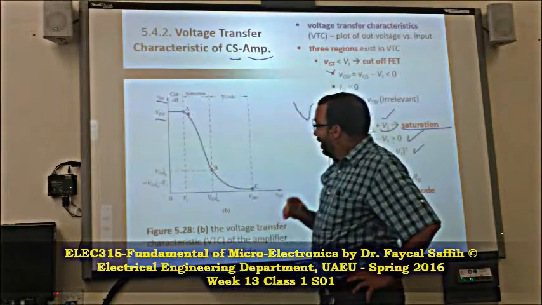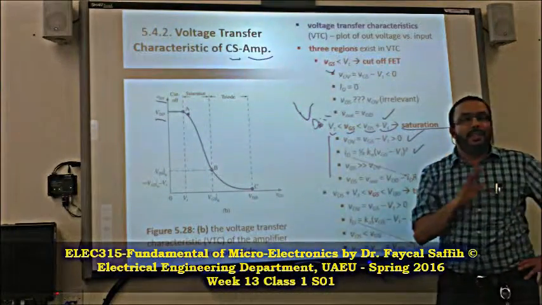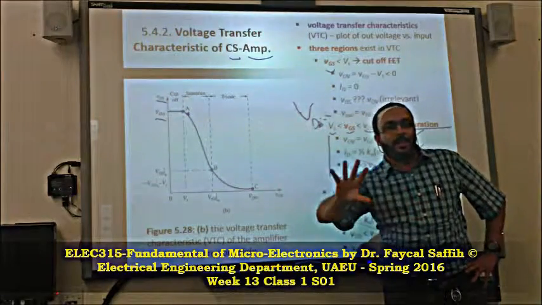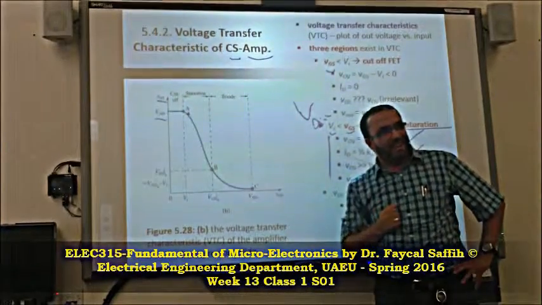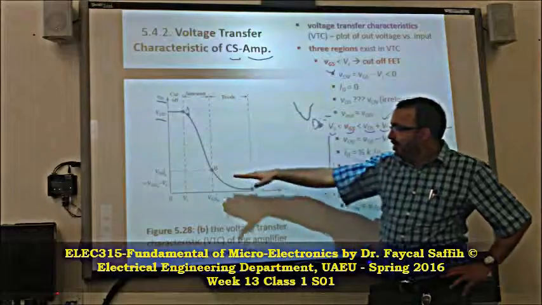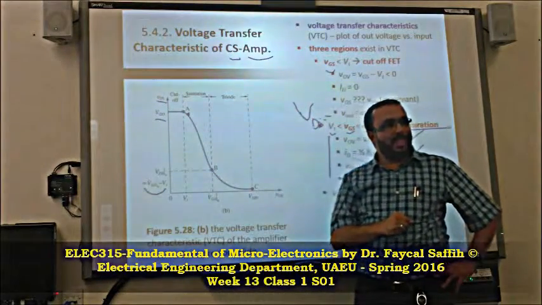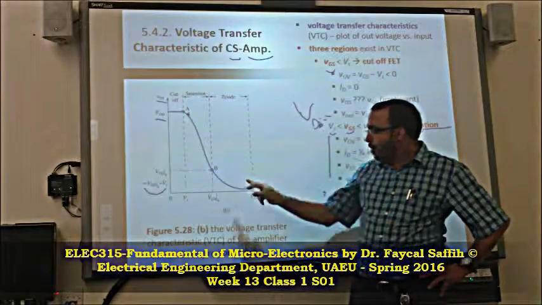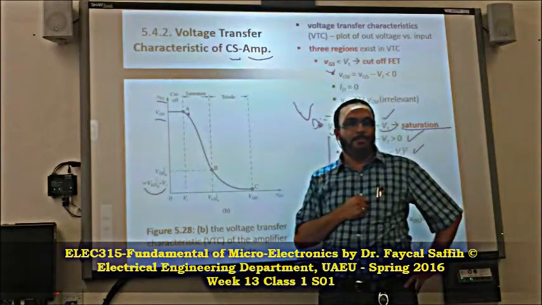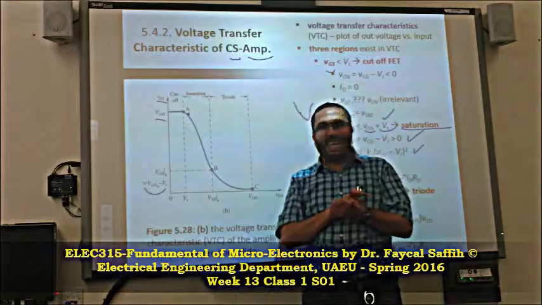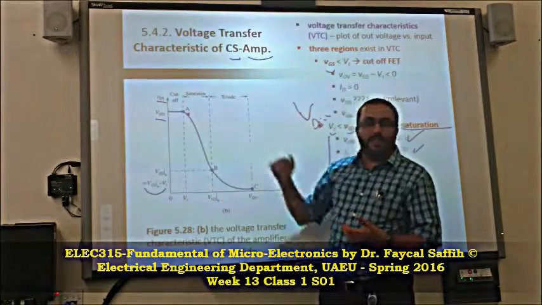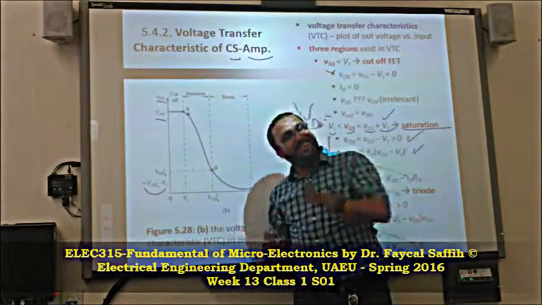We slide until where? Until VDS becomes equal to overdrive, which is VGS minus VT. Boom, we are at the overdrive. As soon as VDS becomes less than the overdrive, we are in triode.